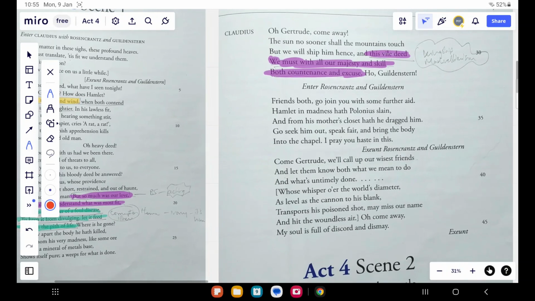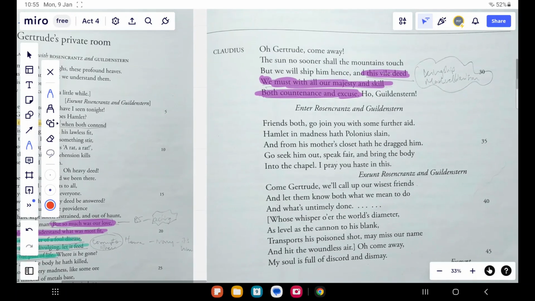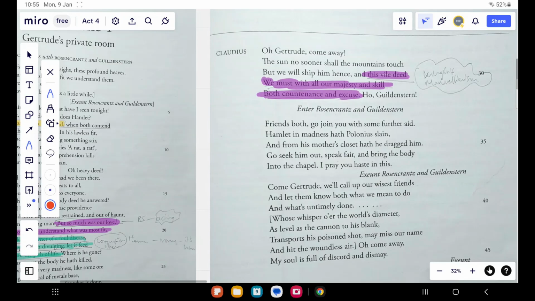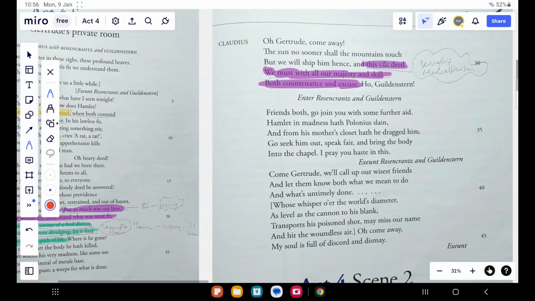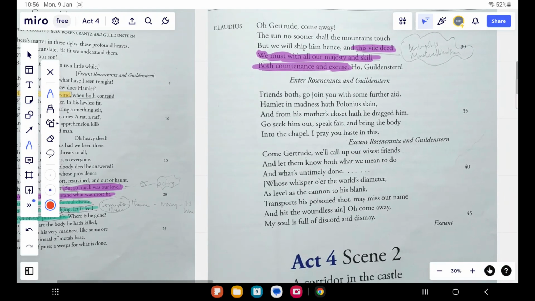Again, further on, we see this kind of feigned kingship and Machiavellianism. "This vile deed we must, with all our majesty and skill, both countenance and excuse." So this is how to deal with the death of Polonius, knowing that Laertes will probably come seeking revenge for that. Interesting, always this metaphor of deed in Shakespeare for murder sometimes.